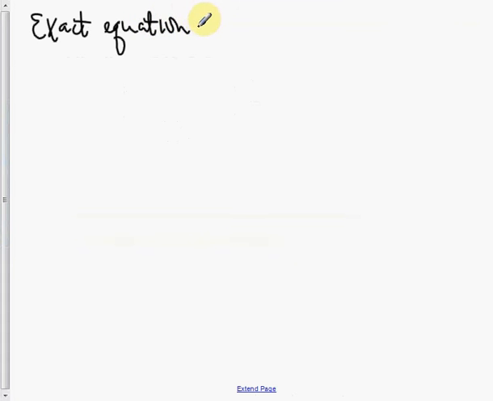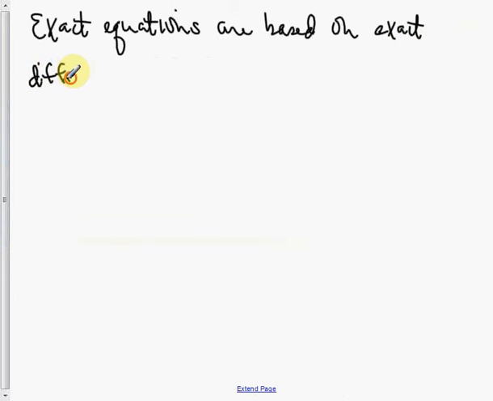Exact equations are based on exact differentials.